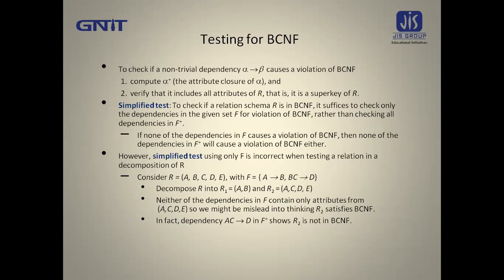So we might be misled into thinking that R2 satisfies BCNF. But we can clearly see that because of the presence of AC implies D, R2 is not in BCNF.